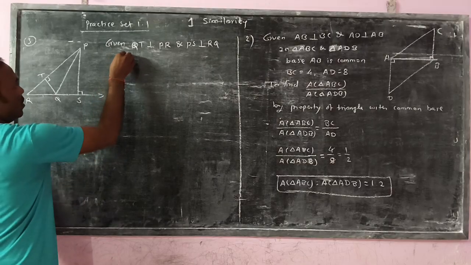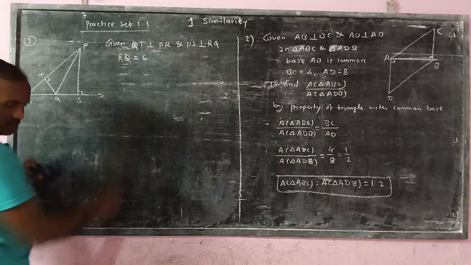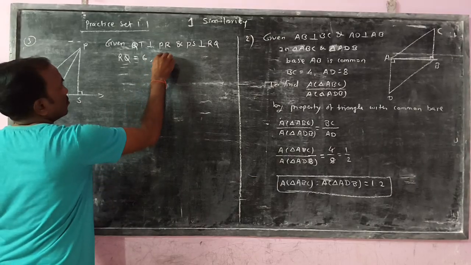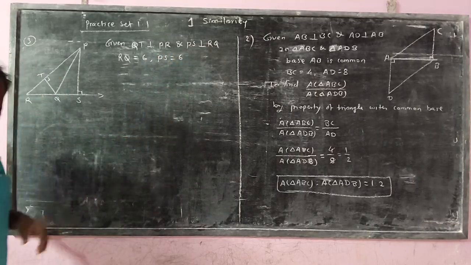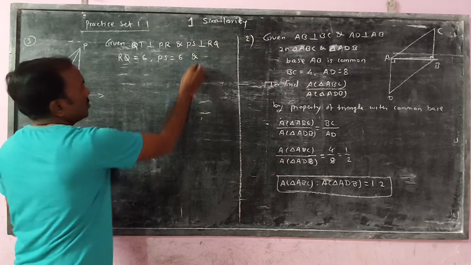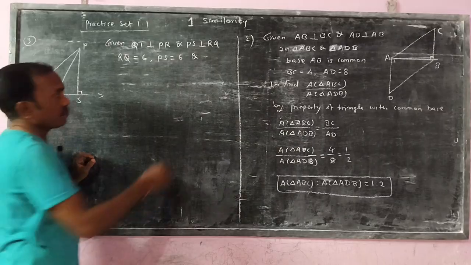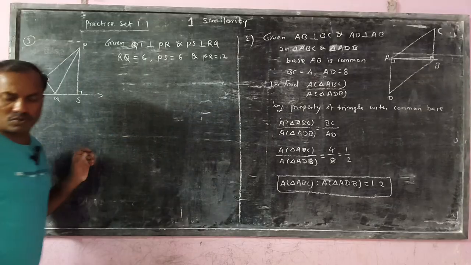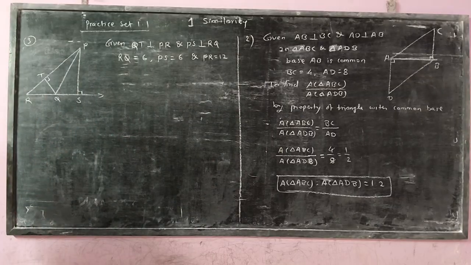RQ equals 6 units, PS equals 6 and PR equals 12. So how to solve this problem?